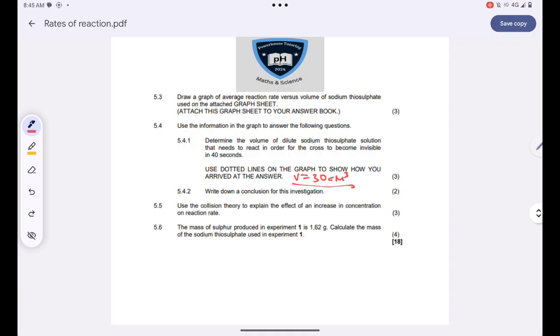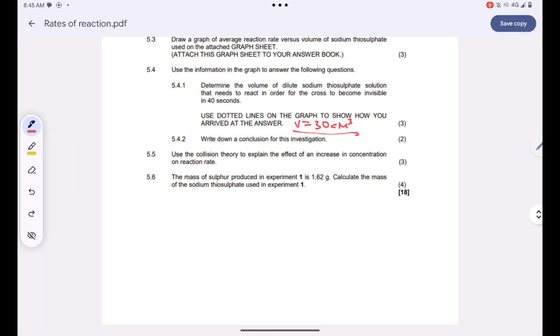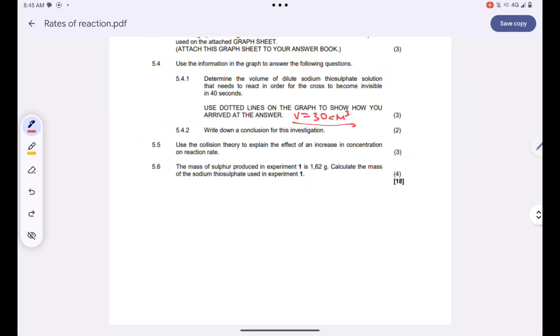The mass of sulfur produced in experiment 1 is 1.62 grams. Calculate the mass of sodium thiosulfate in experiment 1. Okay, firstly I want to know how many moles of sulfur I have made. The number of moles of sulfur that were created is mass over molar mass, that's 1.62.